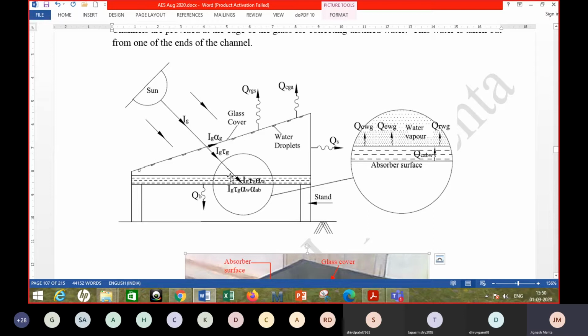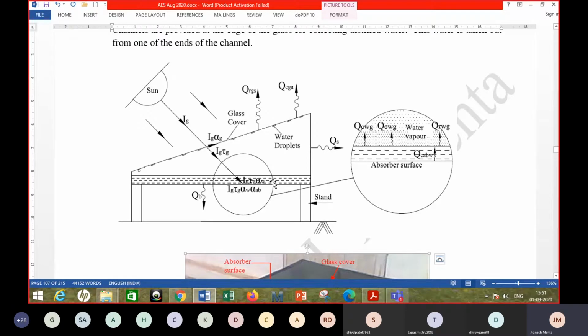By absorbing a small amount of radiation, the water gets heated on its own, but the major component is what gets absorbed in the absorber surface, which increases the temperature of that surface, and the water is in contact with the absorber surface.